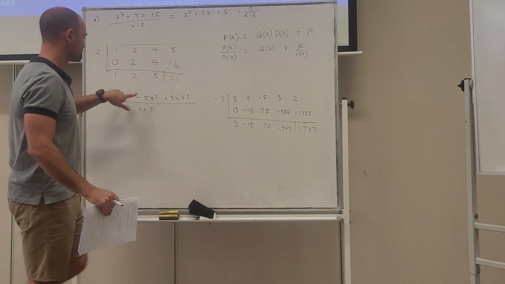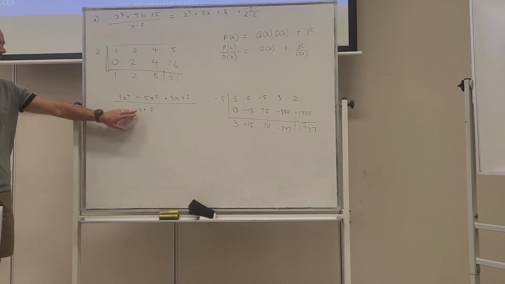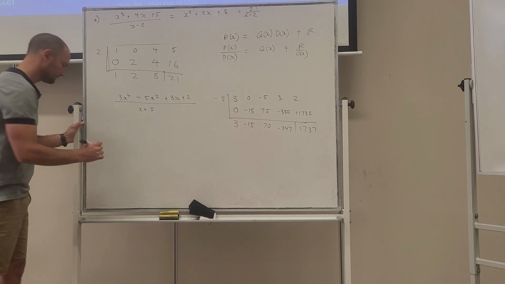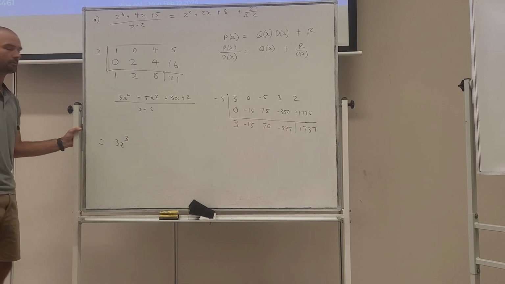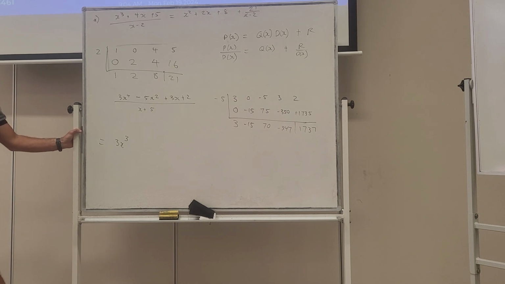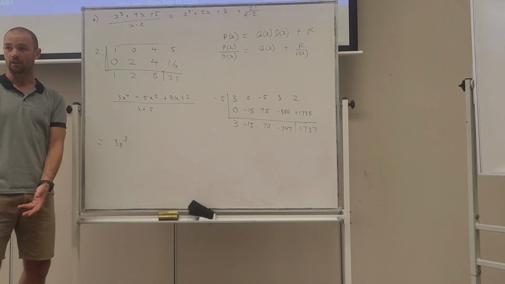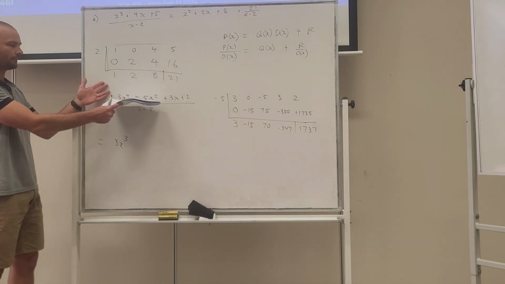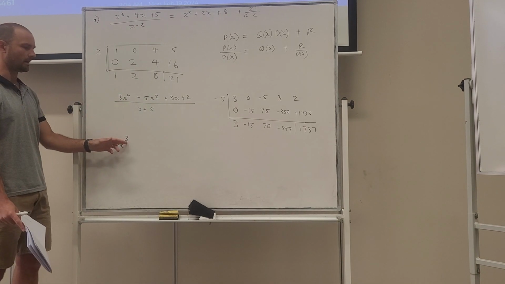When we divide this polynomial by this divisor, it is 3 lots of x to the power of 3. How do I know it's x to the power of 3? Well, if we divide a quartic by a linear, the leading term is going to be x to the 3. If we divided a polynomial to the power of 5 by a linear, the leading power would be to the power of 4.